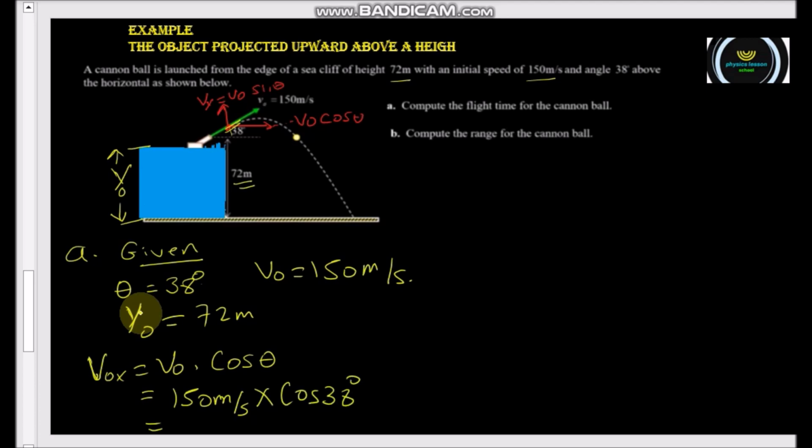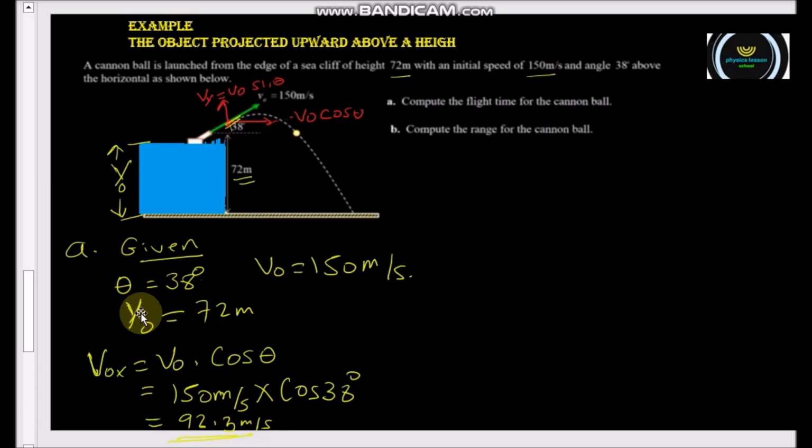You can use your calculator. This is around 92.3 meters per second. This is the horizontal component of the object, and its value is constant.